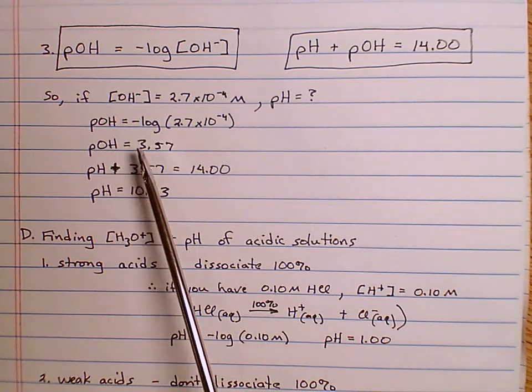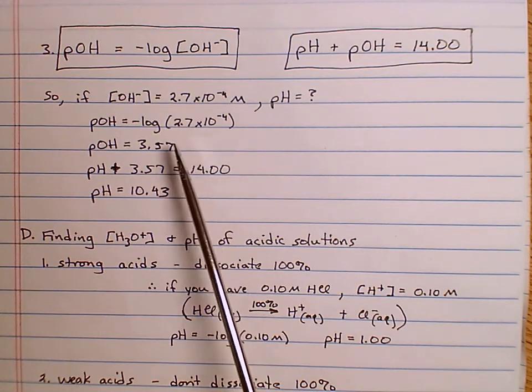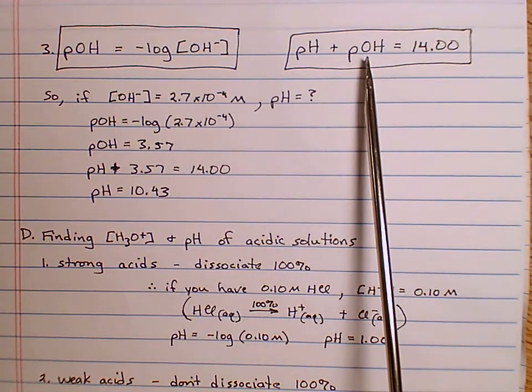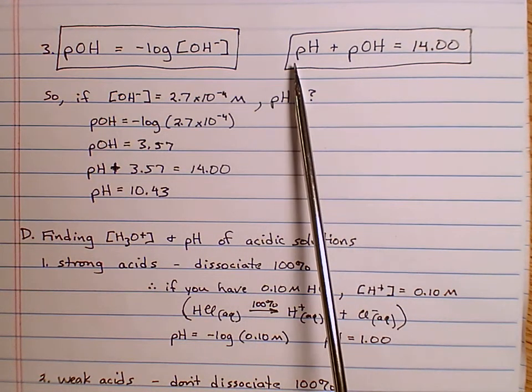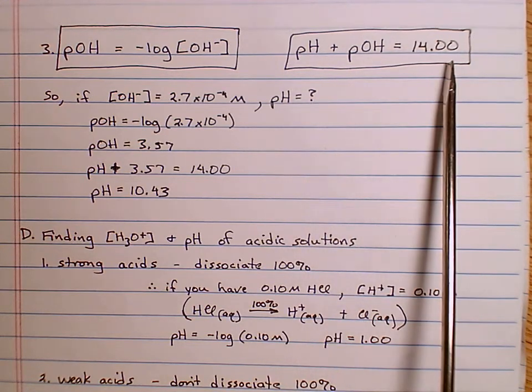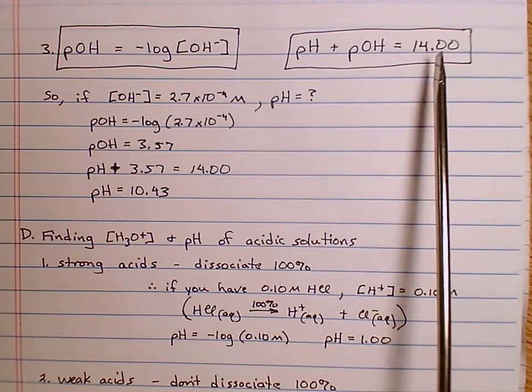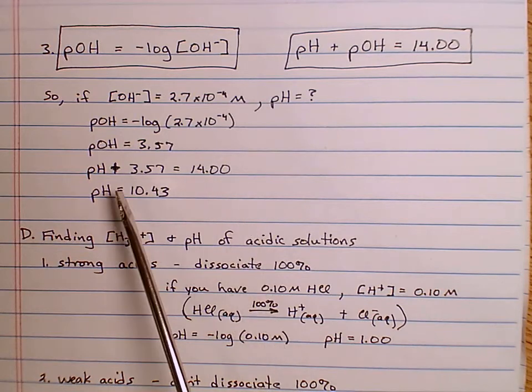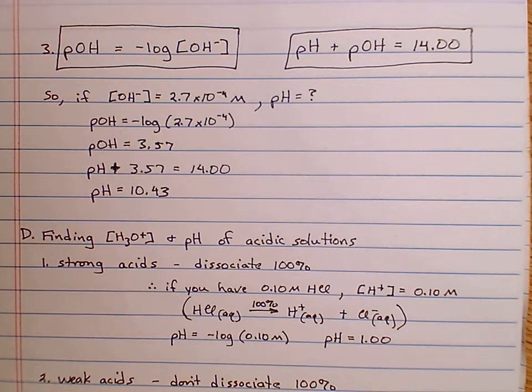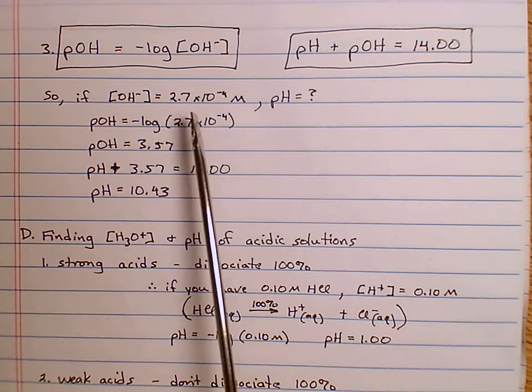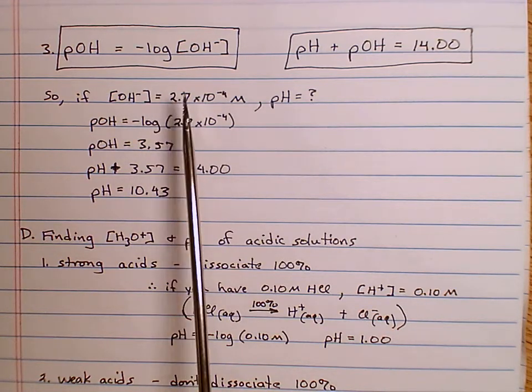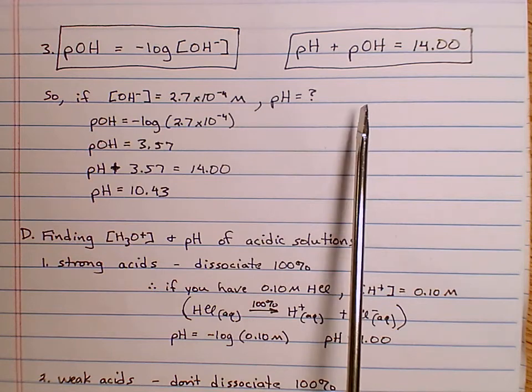The pOH is 3.57. Then we know, okay, 3.57, our pOH, plus whatever our pH is must equal 14. So then 14 minus 3.57 is the pH, and that's 10.43, which is the same answer we got previously when we did it the other way by first changing OH minus concentration into H plus concentration, then taking the pH.